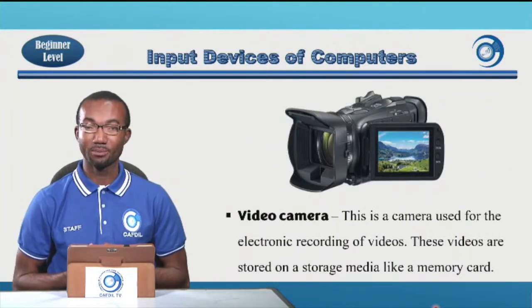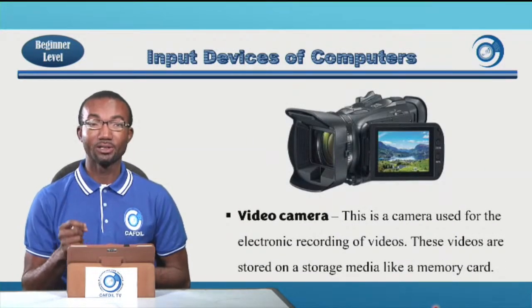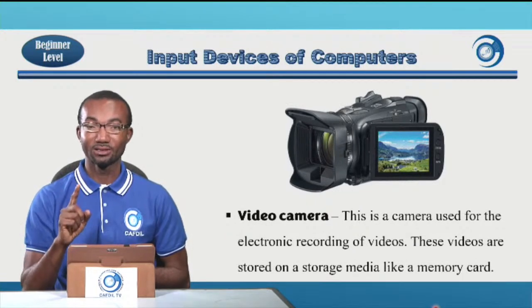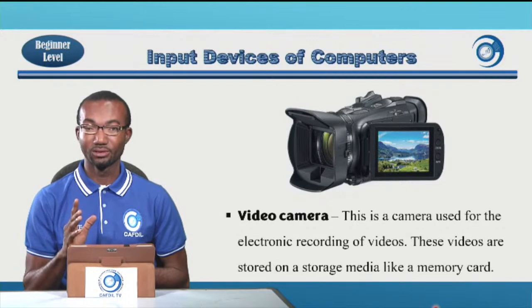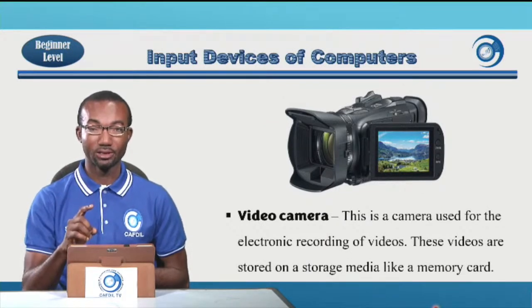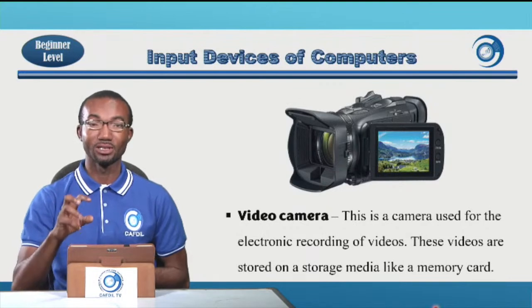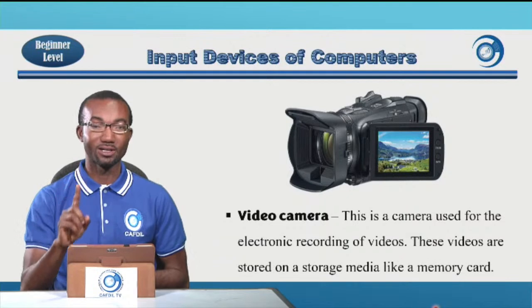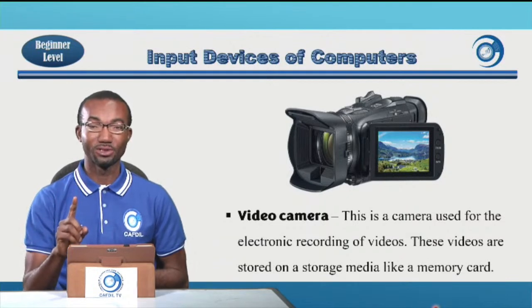Let's look at video camera. Video camera is also used for the recording of electronic videos. These videos are also stored on a memory card. These days, because of nanotechnology, video cameras are even reduced onto our cell phones or mobile phones.